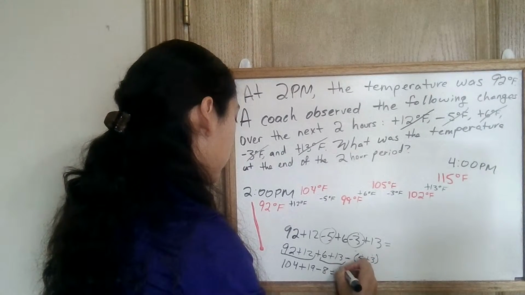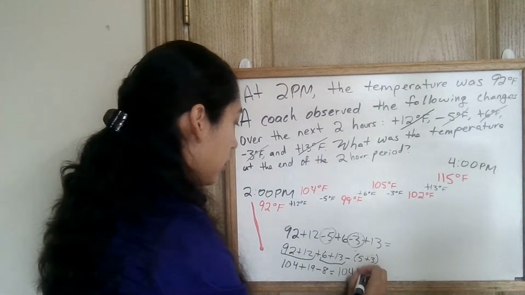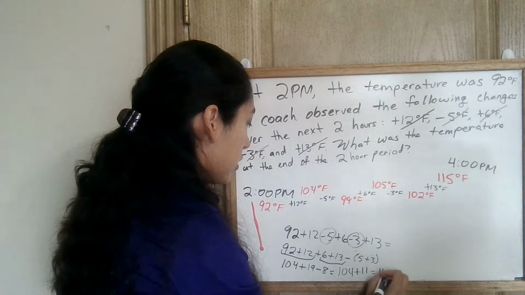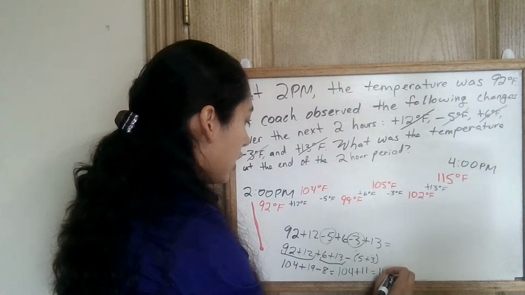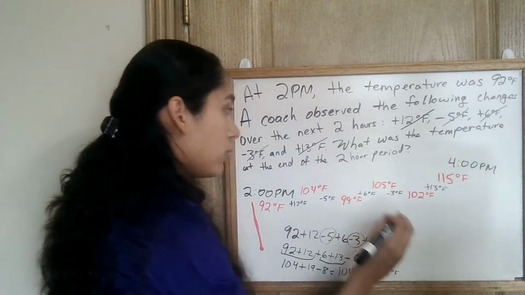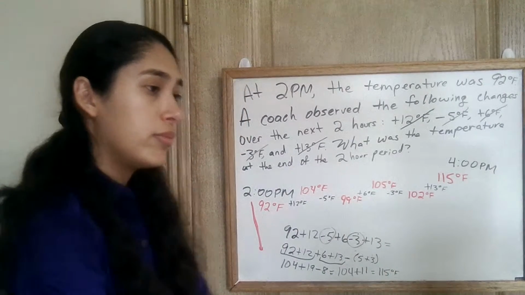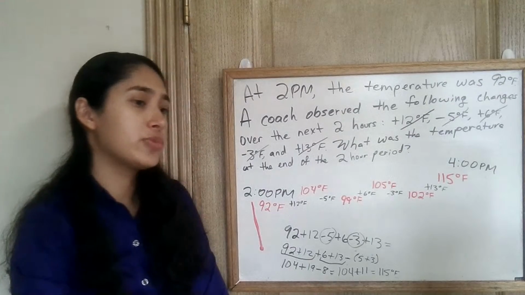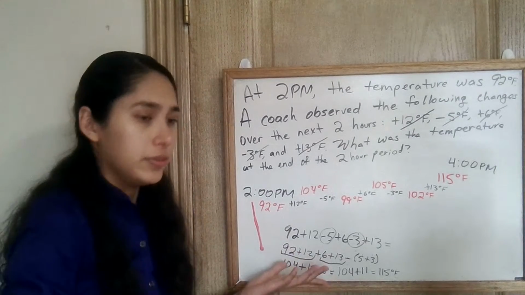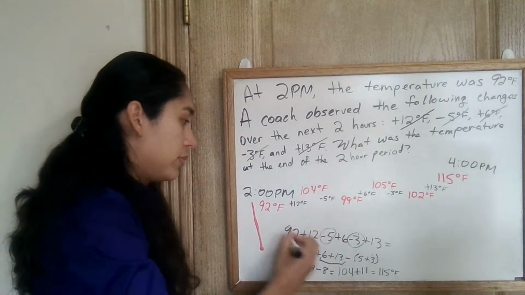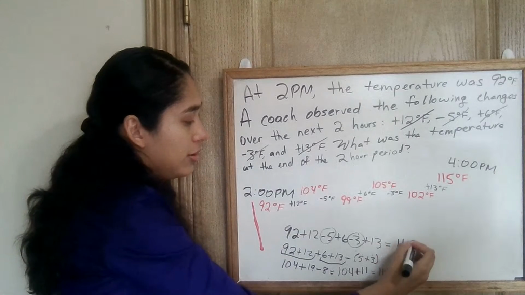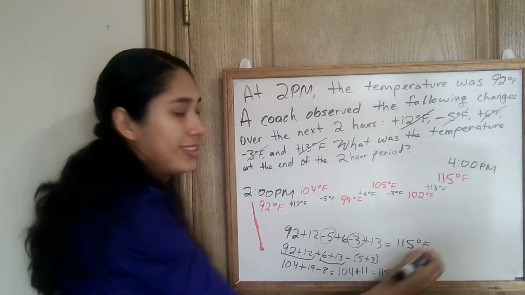I get 104 plus 11, which is the same thing as 115 degrees. Whoa! Faster, easier to keep track of. And if I had the calculator, I could just plug it all in and just get my answer. Pretty sweet.